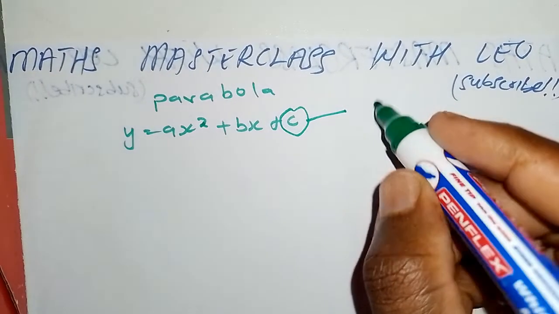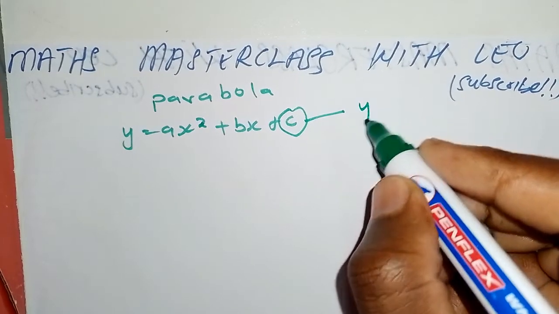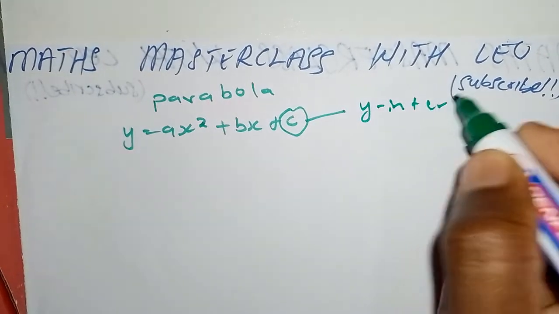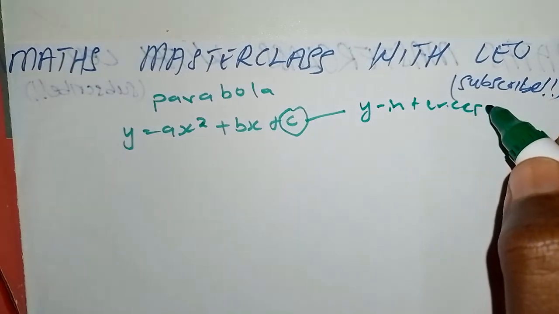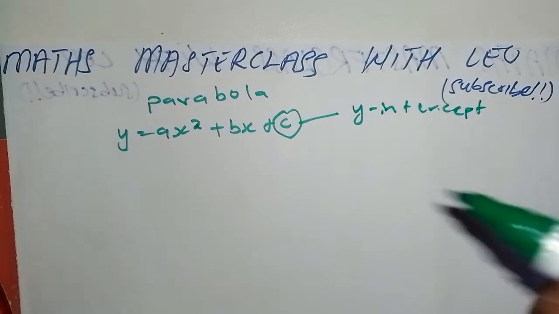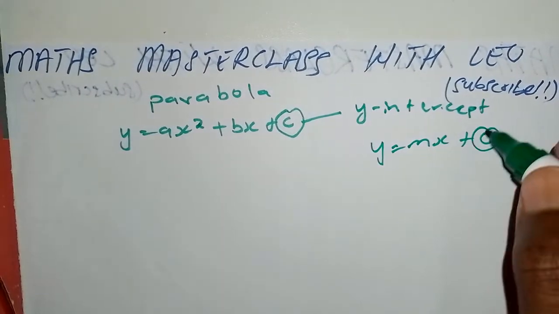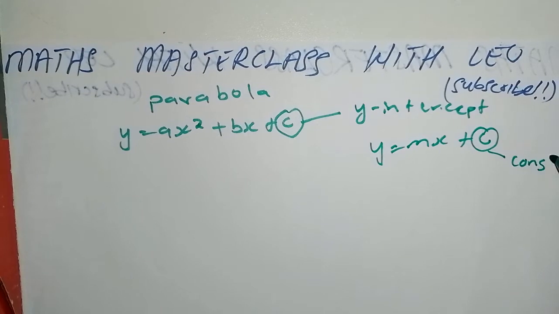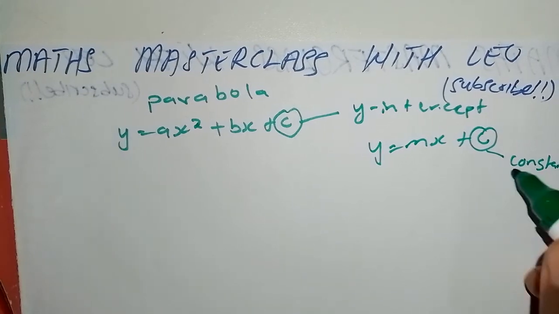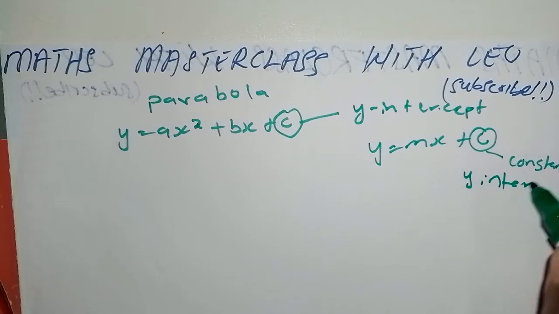A constant will always represent the y-intercept. If you have y equals mx plus c, this constant represents the y-intercept.